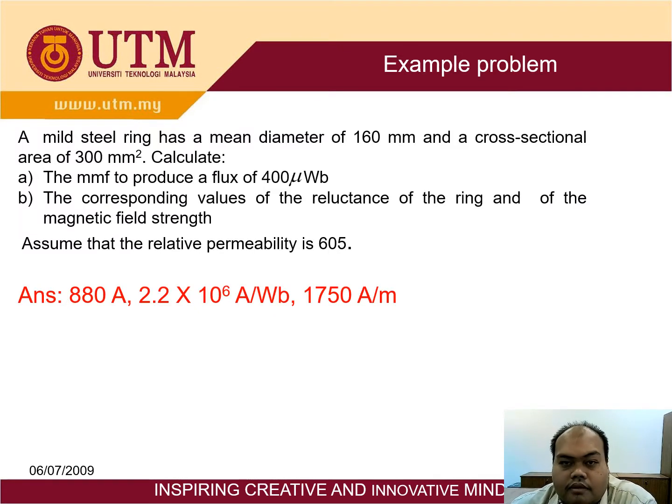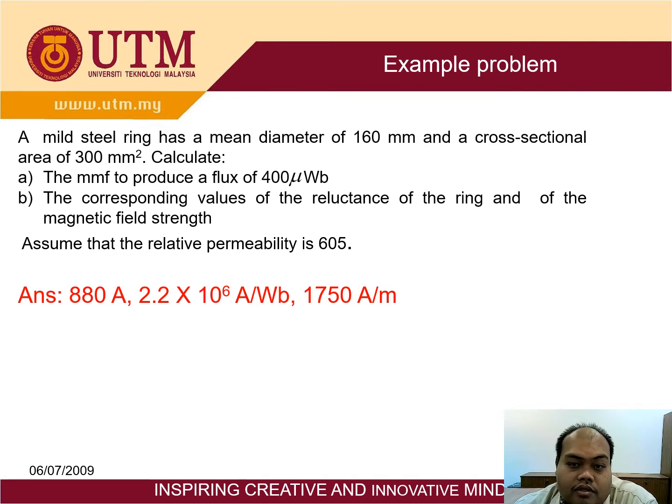The first example is basically a very simple one: a steel ring, a round object that has a mean diameter of 160. You have to refer back to your circle knowledge. The cross section area is 300 millimeter squared. It uses millimeter, so make sure you convert this into meter.